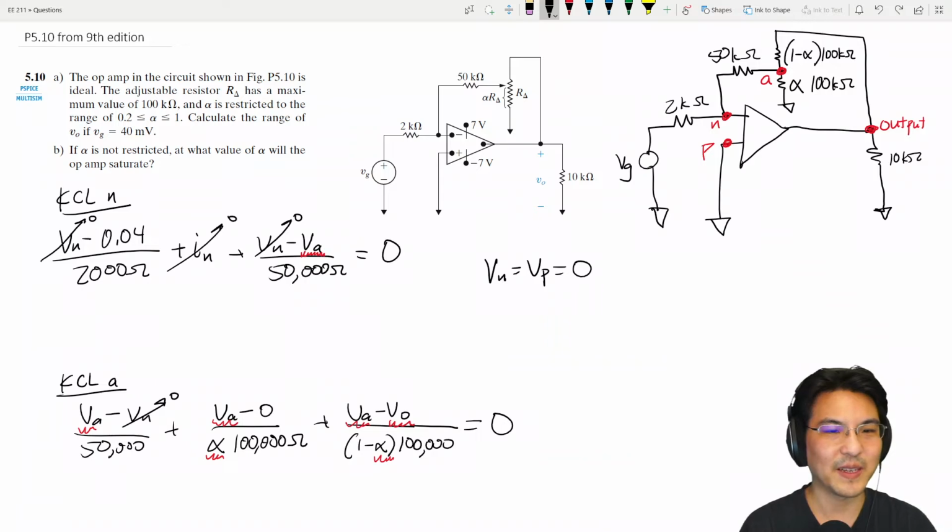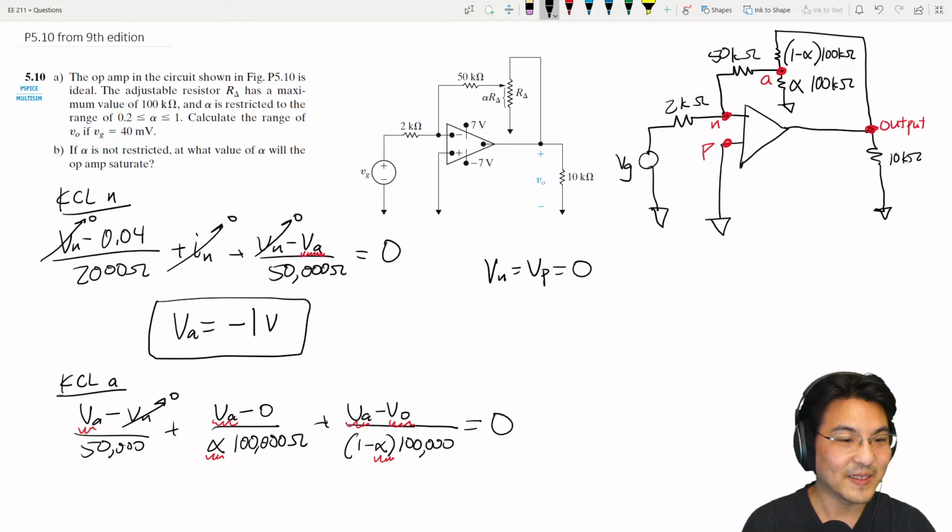Let's see, if we multiply everything by 50,000, then that'll be 20 over 22, it's just -1. Okay, so that worked out nicely.